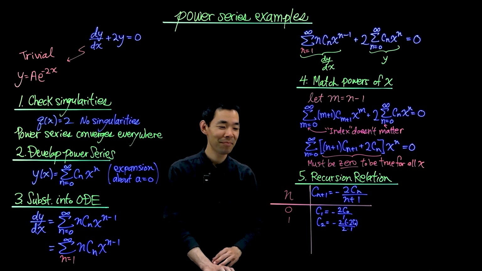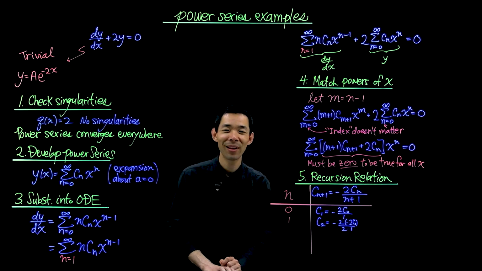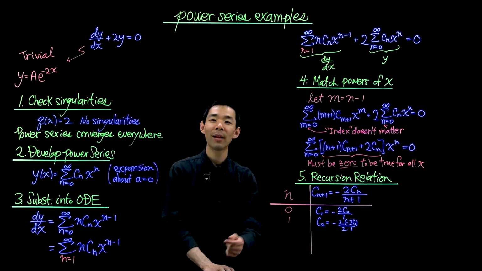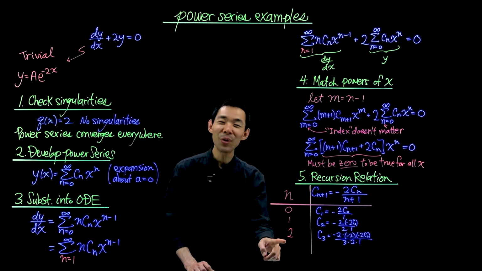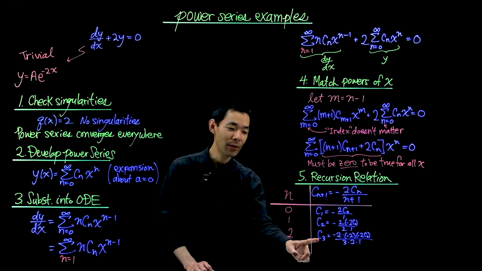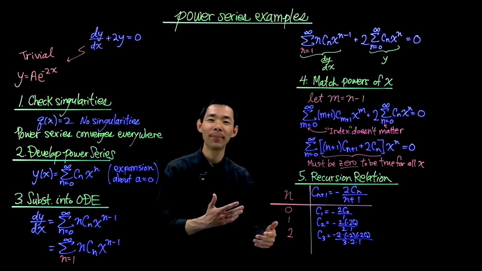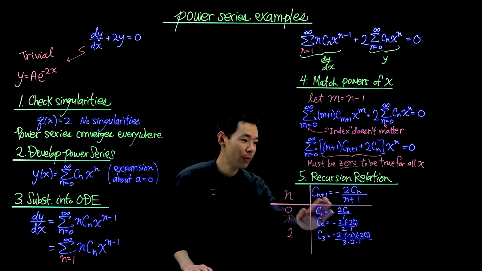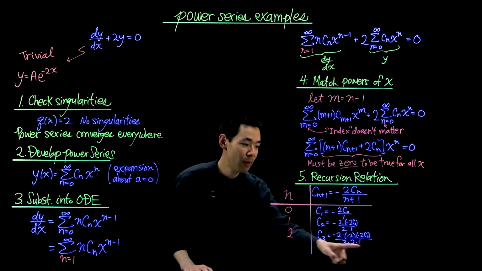Just like that. So we have negative 2 c0 divided by 1, which now tells us c2 in terms of c0. Let's go to n of 2. Now, n of 2 gives us c3 in terms of c2. We already know what c2 is, and so on. So it becomes negative 2 divided by 3. That comes directly from the recursion relationship, times c2. We already know what that is, and we plugged it into here.